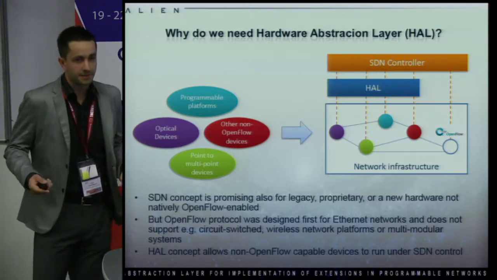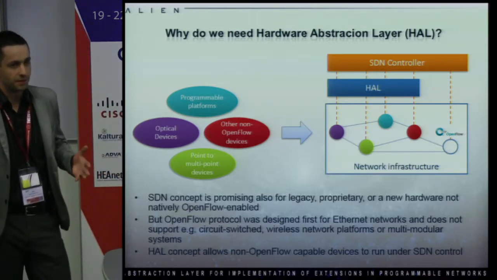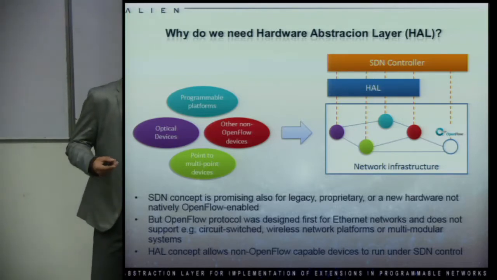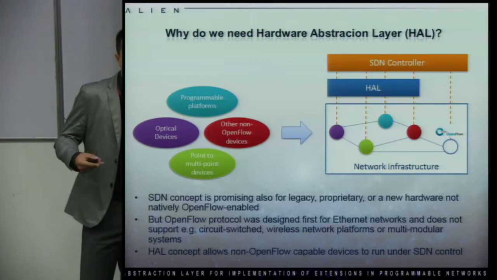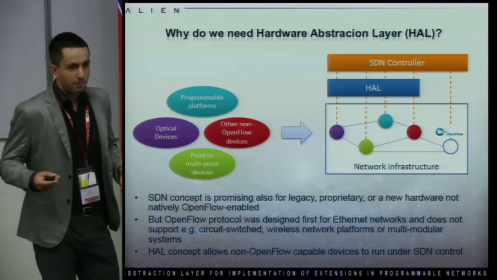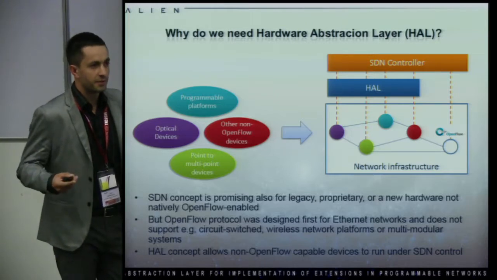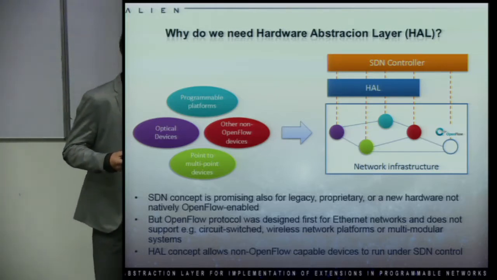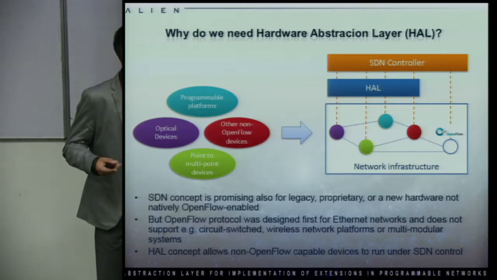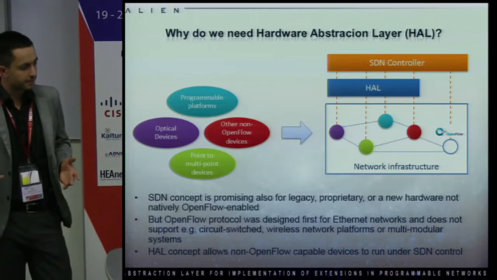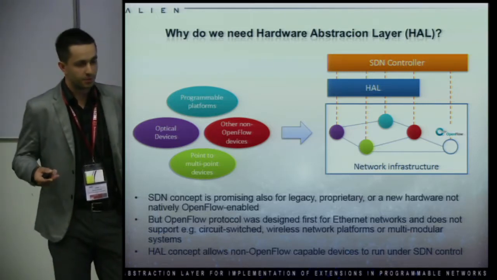What about legacy proprietary devices and even new hardware, but not natively OpenFlow enabled? Is it possible to add them under SDN control? That's the question. The OpenFlow protocol was designed first to support Ethernet networks and doesn't support circuit switched, wireless networks, point-to-multipoint, modular systems. And HAL is the solution.